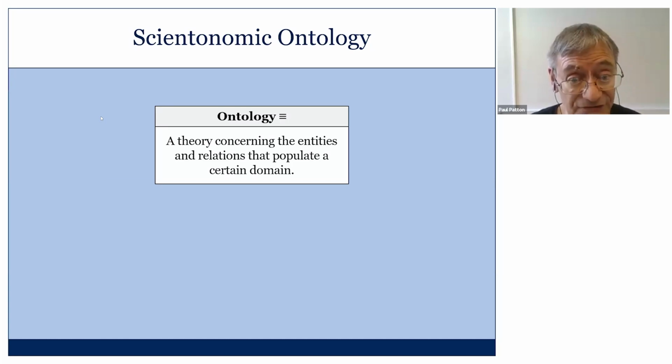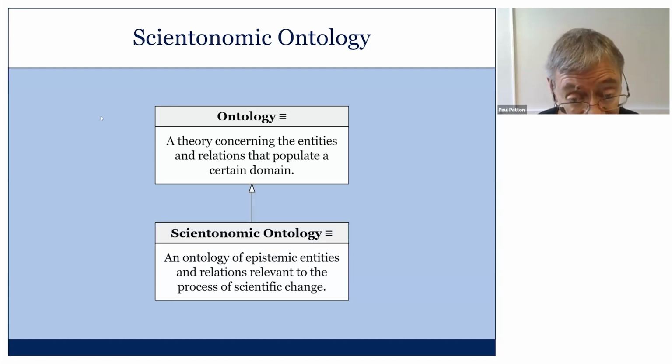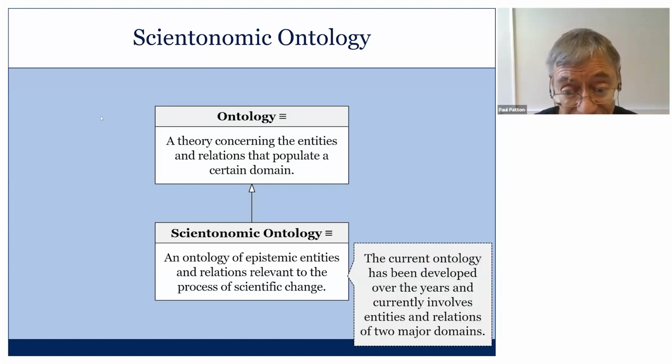First, an ontology is a theory concerning the entities and relations that populate a certain domain. What we mean by Scientonomic ontology is an ontology of epistemic entities and relations relevant to the process of scientific change. The current ontology has been developed over about 7 or 8 years, and currently involves entities and relations in 2 different major domains.